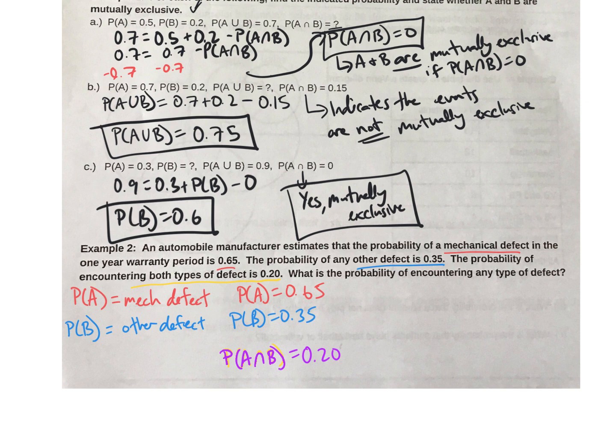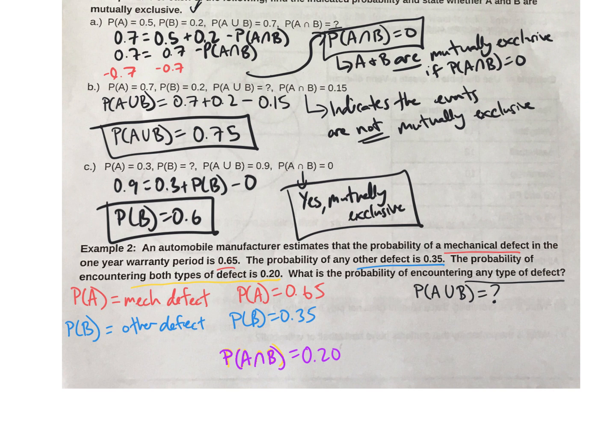So we're trying to find the probability of any type of defect. So that means the probability of A or B. That's what we're trying to figure out. Sometimes they may not say or. You really kind of have to think about what it's asking.